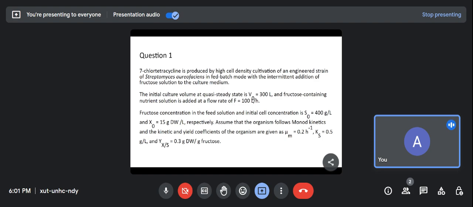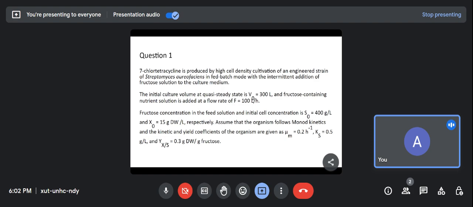The initial culture volume at quasi-steady state, that is V, is equal to 300 liters. And fructose containing nutrient solution is added at a flow rate of 100 liters per hour. So every hour you will add 100 liters of fructose.